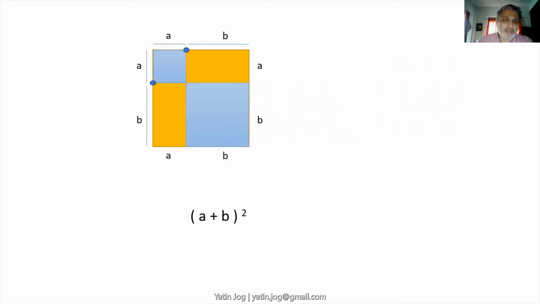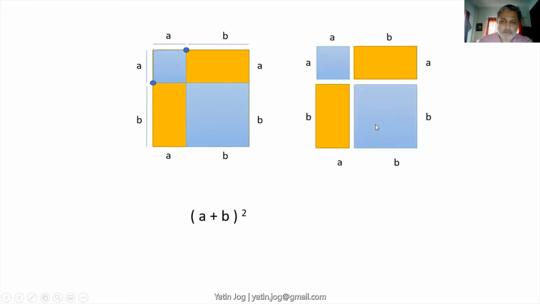Now if I join all the lines, I get these 4 shapes inside the square. When I say (a plus b) bracket square, that is the area of this total quadrangle. So this area is the addition of the areas of these 4 quadrangles. So what is the area of the first portion, second portion, third portion and fourth portion?